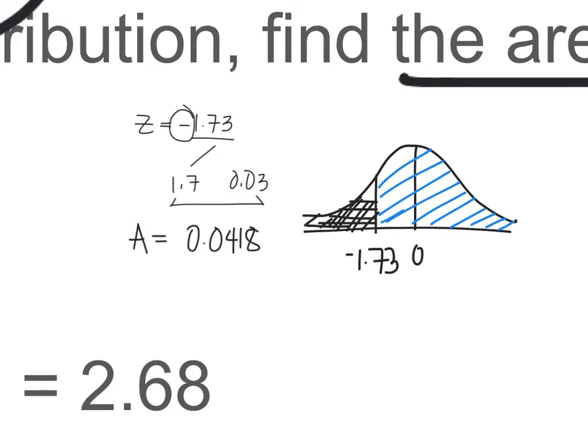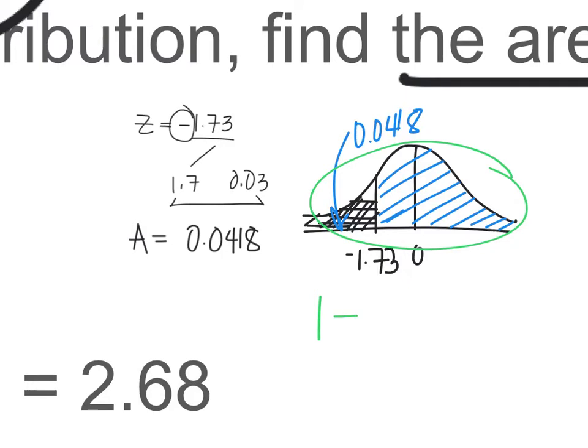by using the concept that the total probability under the curve is 1. So if this area is 0.0418 and the total area is 1, then to get the area to the right, we just have to subtract 0.0418 from 1. And if we do that, we will get the area equal to 0.9582.